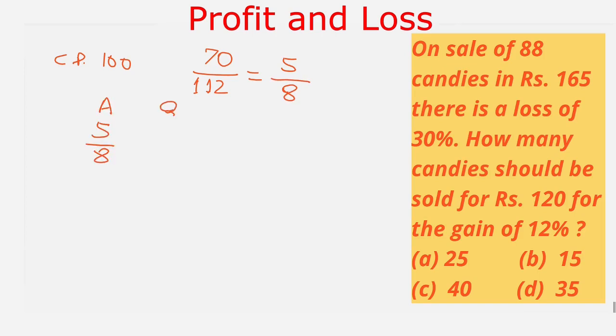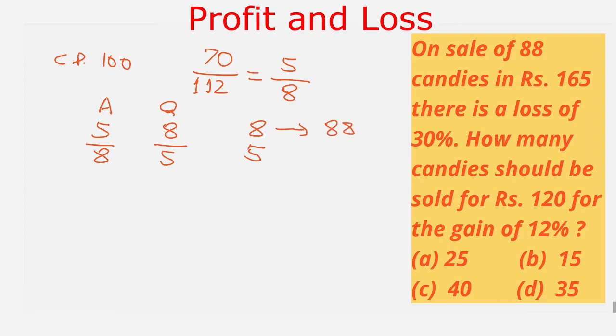If the amount is in the ratio 5:8, then quantity is reciprocal of it, which is 8:5. Earlier we were selling quantity 8 and we were making loss of 30%. And if we have to make the profit of 12%, then for the same amount we have to sell quantity 5 instead of 8. Here 8 is equivalent to 88.